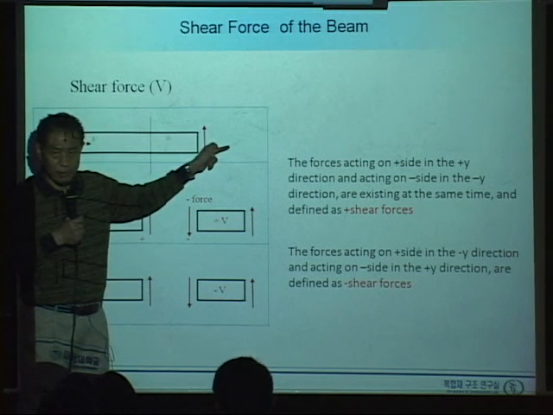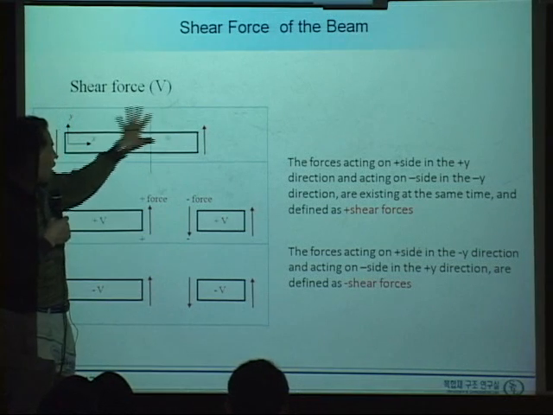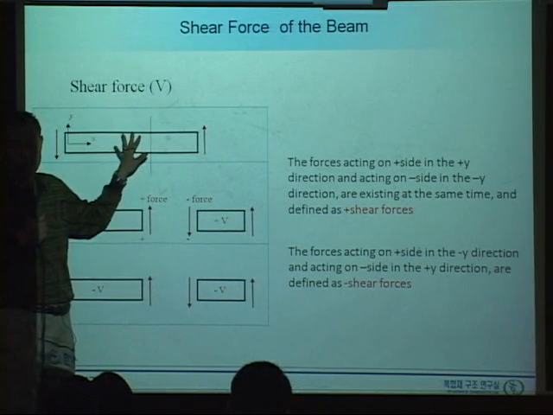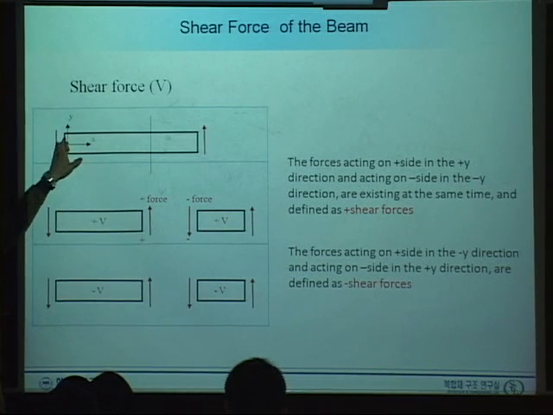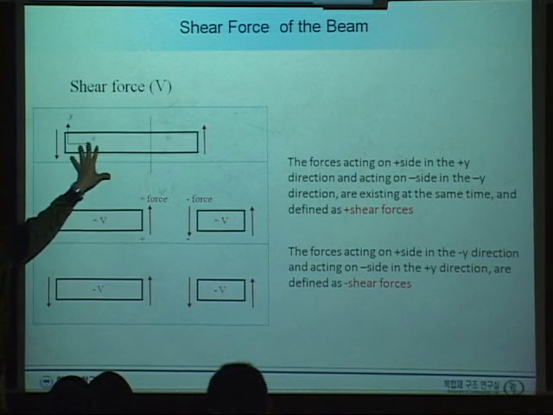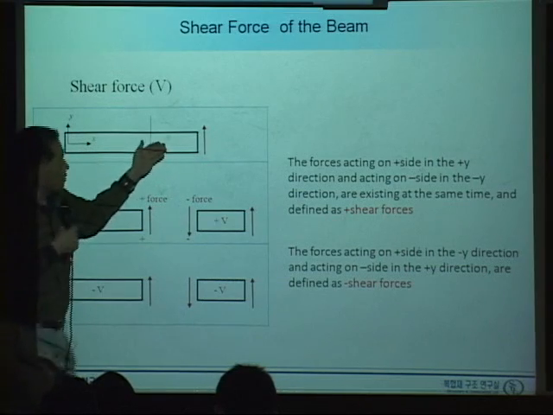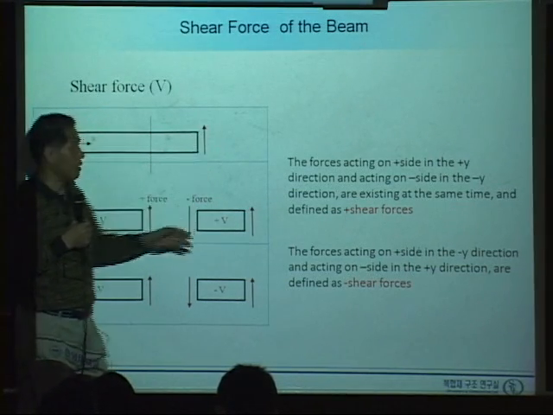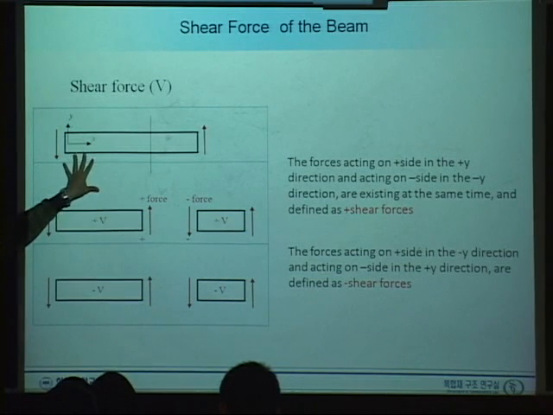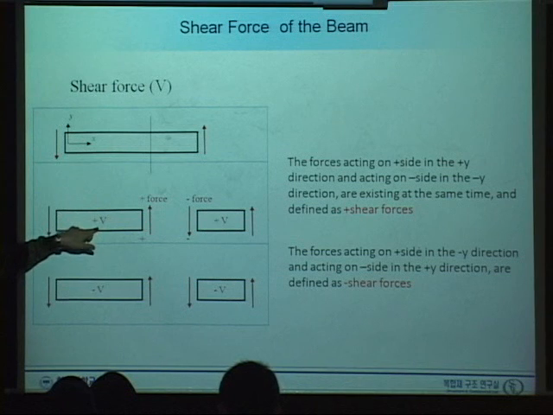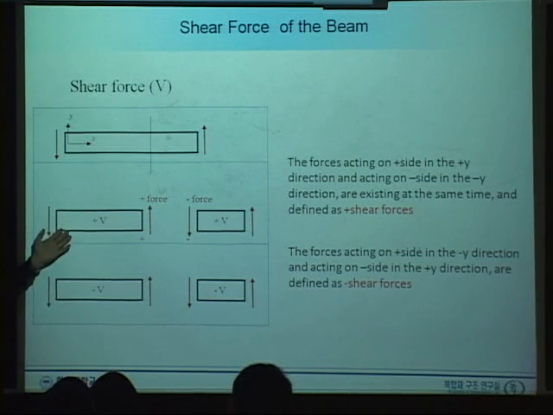And to have this beam in force equilibrium, at the left-hand side we should have a downward force to have force equilibrium. Am I right? So here plus, plus, and here minus, minus. This is called plus shear force. Okay, this is just a definition.